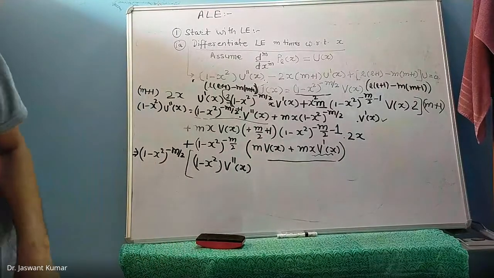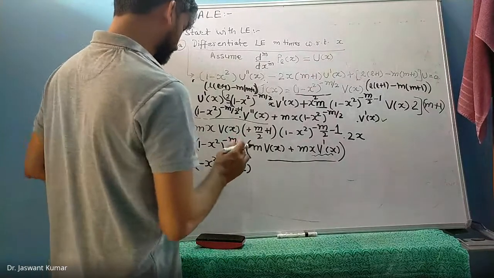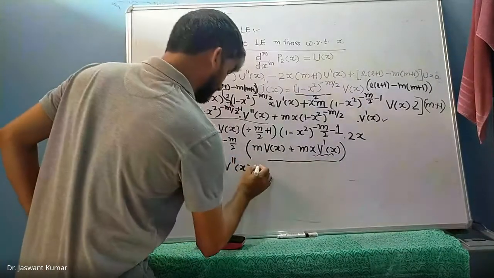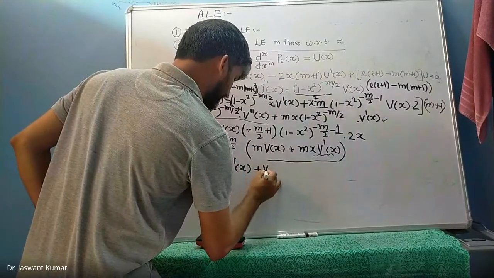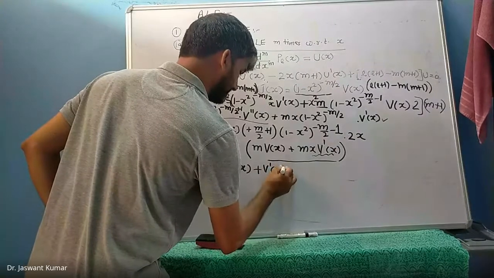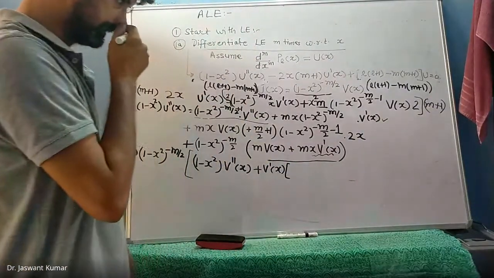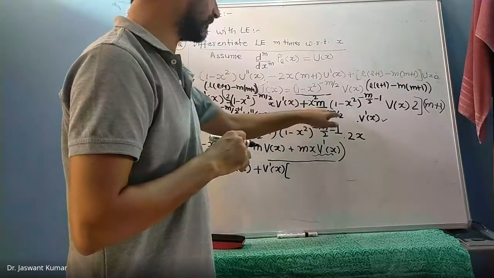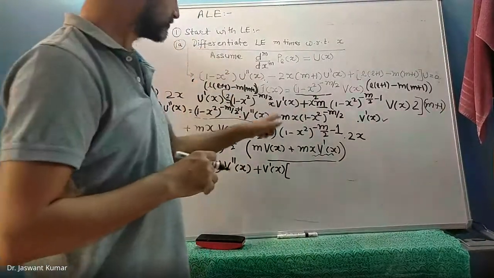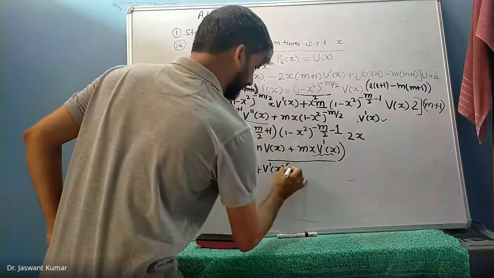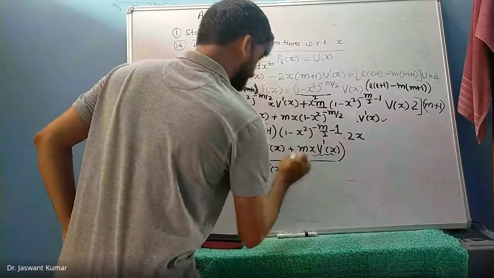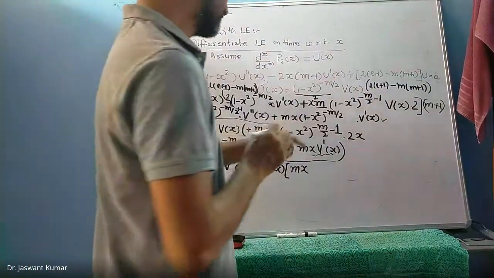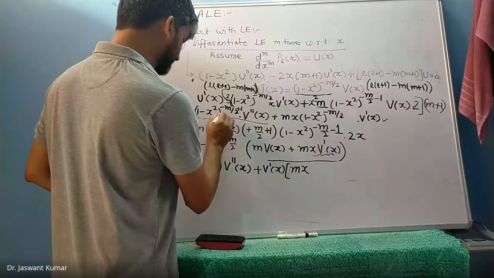So v dash x, we take v dash x common from here, plus v dash of x times, देखिए यहां से हमने 1 minus x square to the power minus m by 2 we had already taken common. So the term that remains over here is m of x. The next term, this term was already taken care of.